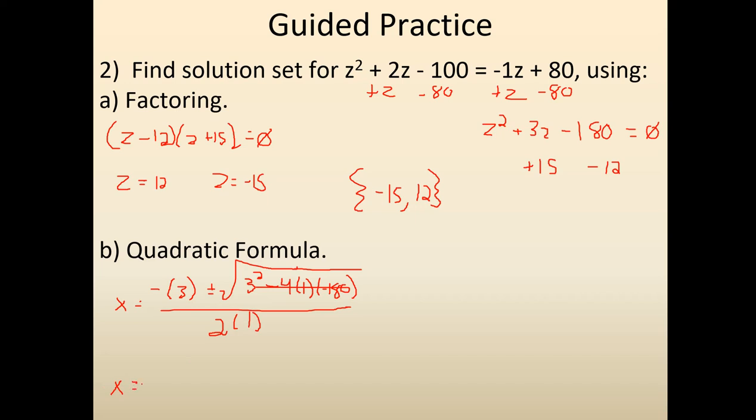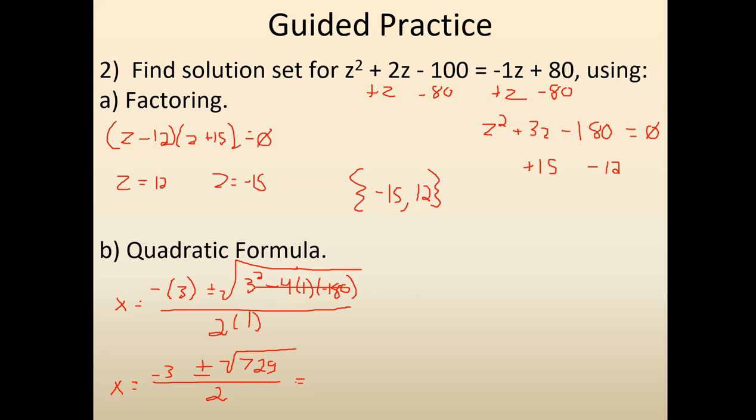So to clean this up a bit, I get negative 3 plus or minus. Now 3 squared minus 4 times 1 times negative 180 gives us 729. So the square root of 729 all over 2.